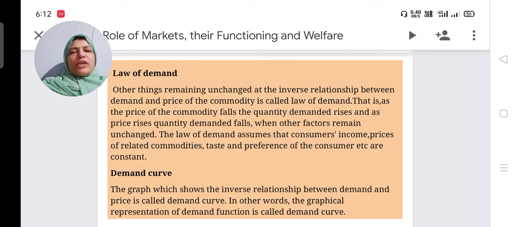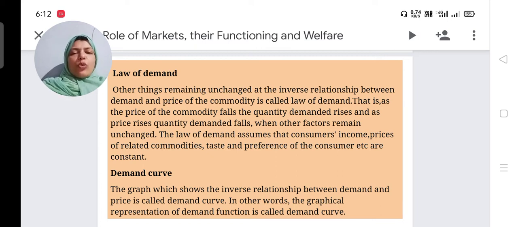Other things remaining unchanged means we already discussed some factors that influence demand: price of the commodity, price of other related commodities, complementary goods, taste, income, etc. So if we assume these factors have no change, that is, kept constant, then there is an inverse relation.